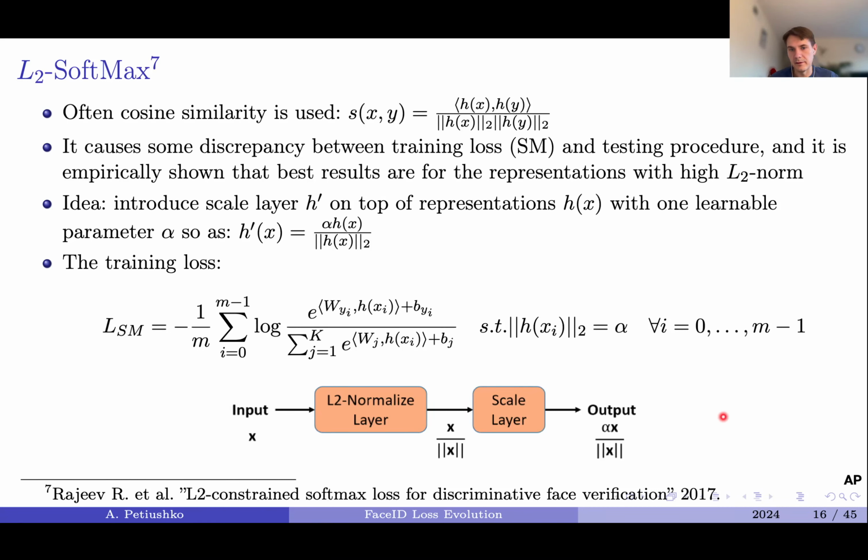Yeah, and this is the illustration of this new layer. Initially we have the input, then some normalization layer, which just divides by the norm, and then the scale layer, which just multiplies by alpha. What is important is that we can have this parameter alpha learnable.